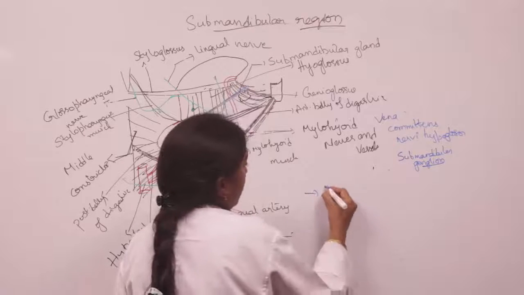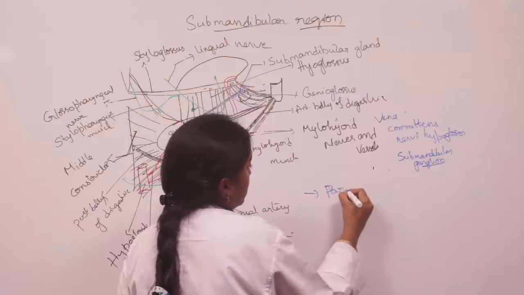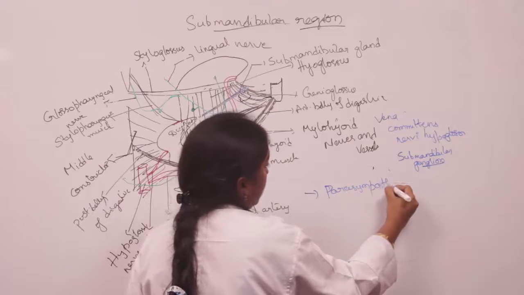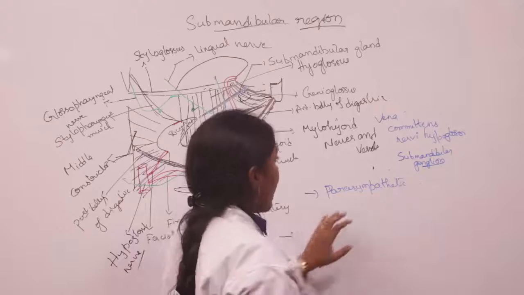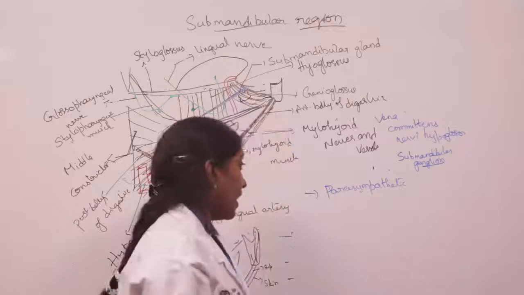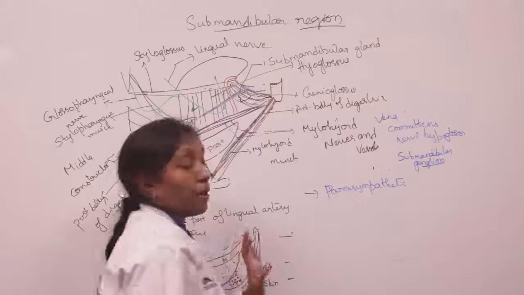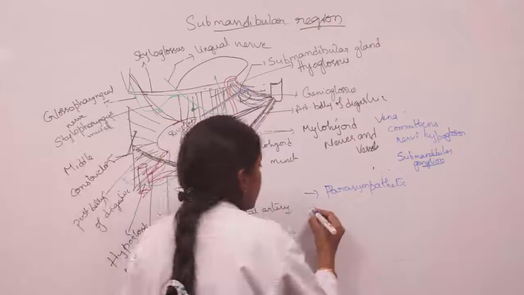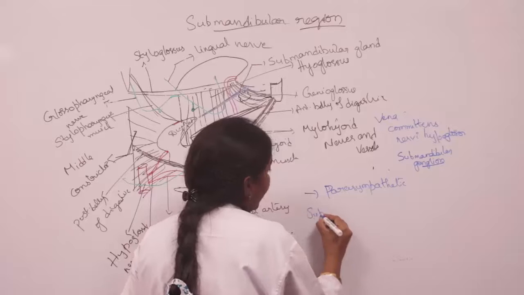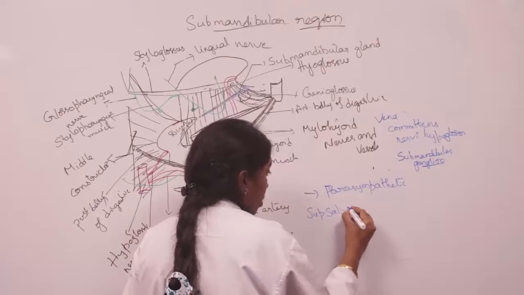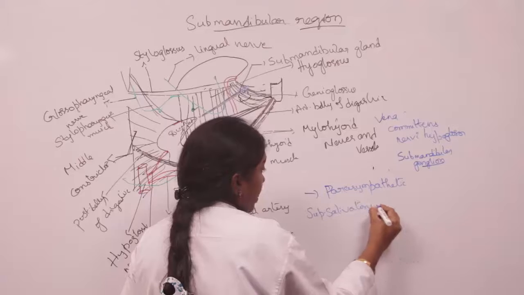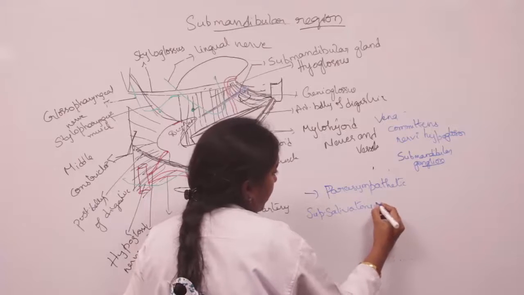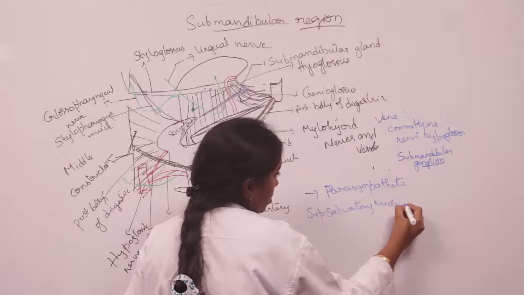The submandibular ganglion is nothing but a parasympathetic ganglion. The preganglionic parasympathetic fibers arise from the superior salivary nucleus of the pons.